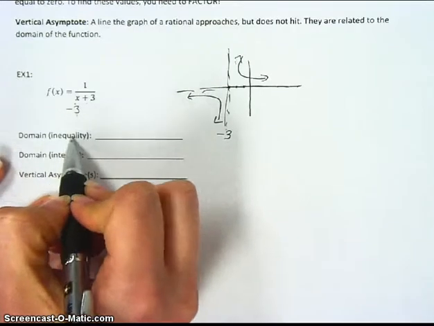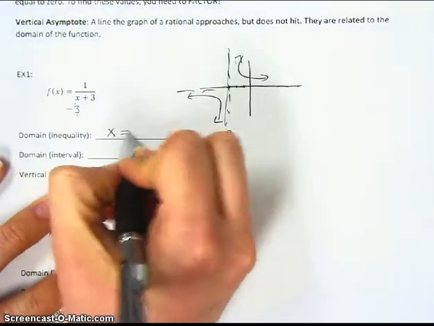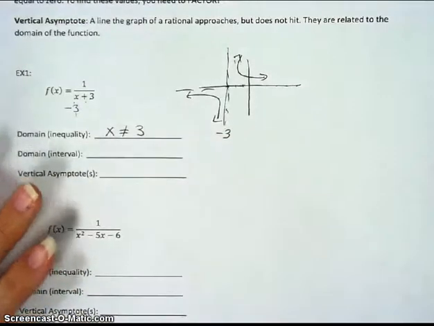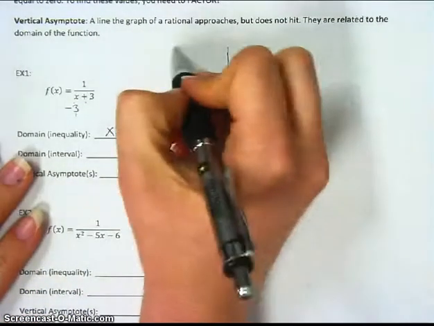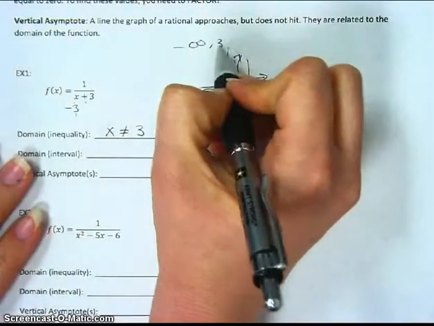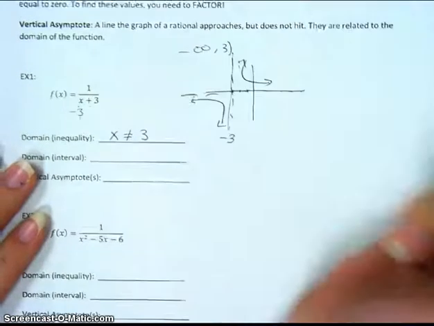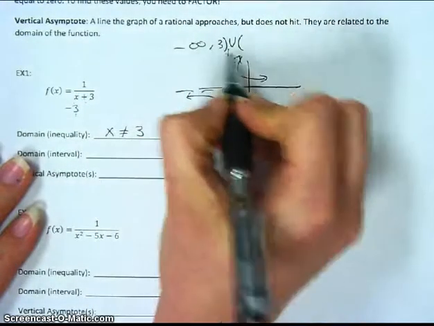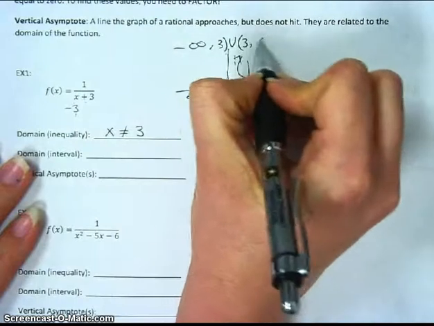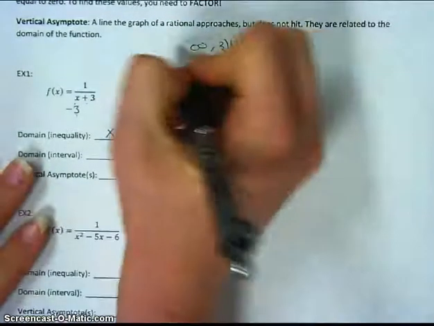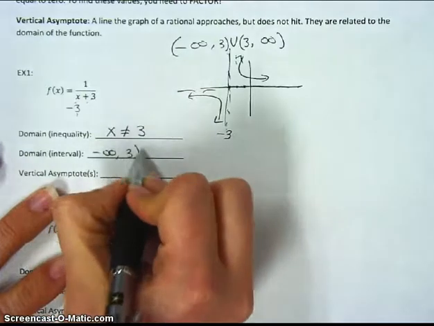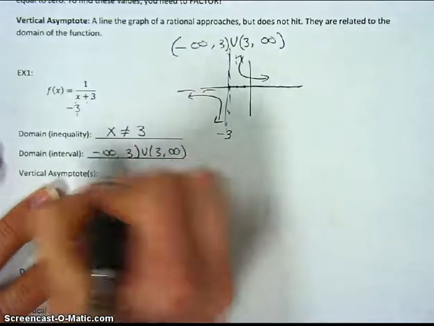So in inequality notation, we would just say x is not equal to negative 3. In interval notation, where we use our brackets and parentheses, we're going from negative infinity up to negative 3. We're not including negative 3, so we're going to have to union that, because then we start back up at negative 3 and we go to infinity. So in interval notation, we'll have negative infinity to negative 3, union negative 3 to infinity.